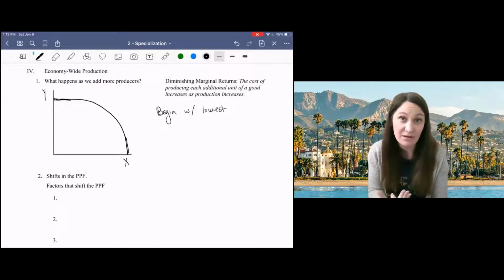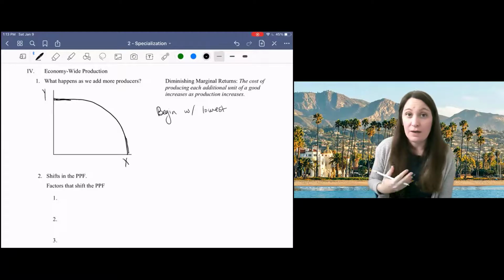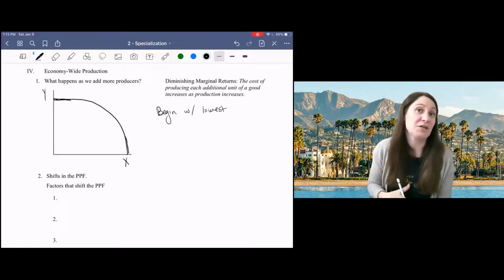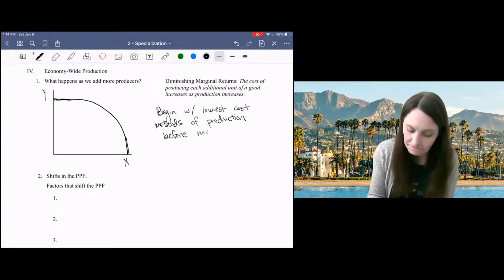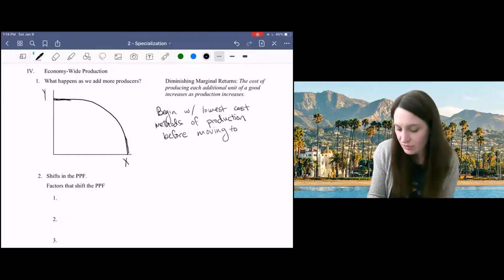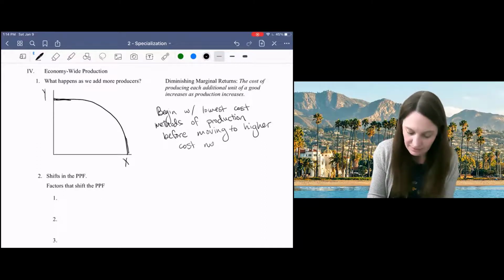It could be the method of production or the region of production, something like that. So we begin with the lowest cost methods of production before moving to higher cost methods.